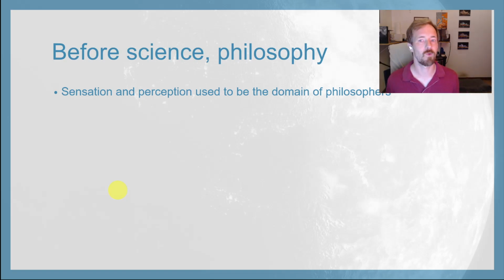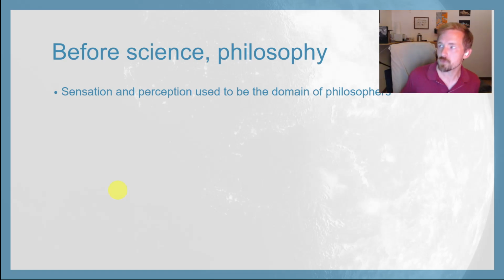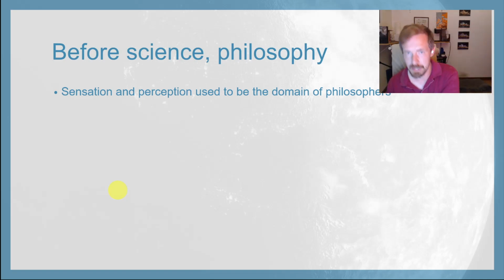Philosophy was asking questions like that, and it wasn't really until the later half of the 19th century, so in the 1800s, that people started using the scientific method to try to test these kinds of questions. And that is where our story begins.